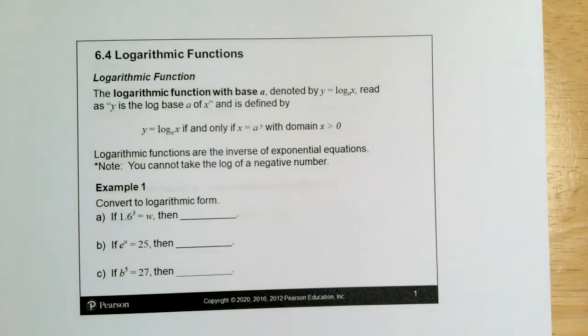The inverse of an exponential equation is a logarithmic function, right? So logarithmic functions are the inverse of exponential equations, and logarithms undo exponents, and exponents undo logarithms.